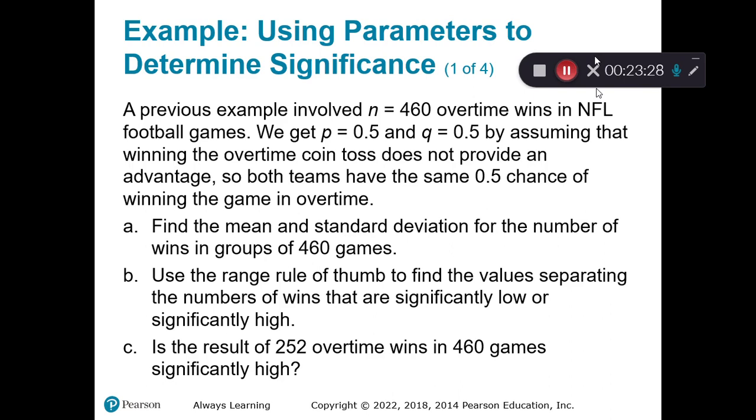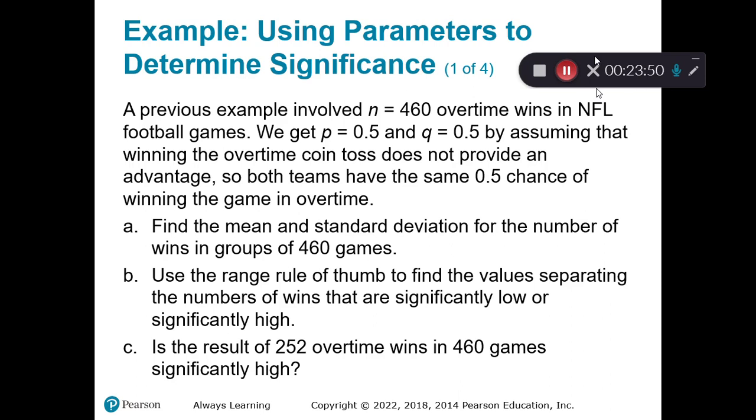And this example was looking at a success as being winning the football game after having won the coin toss in the overtime. So the failure would be having won the game after losing the overtime coin toss.